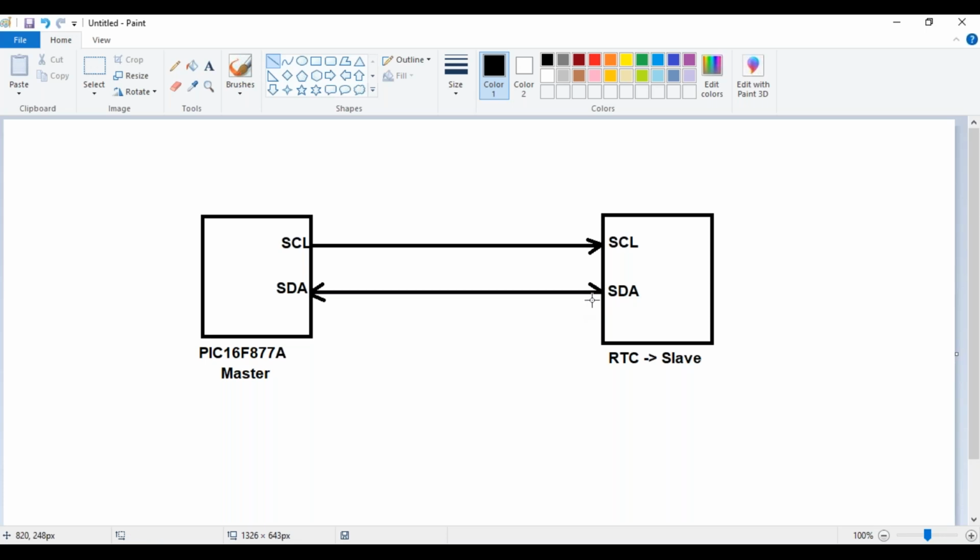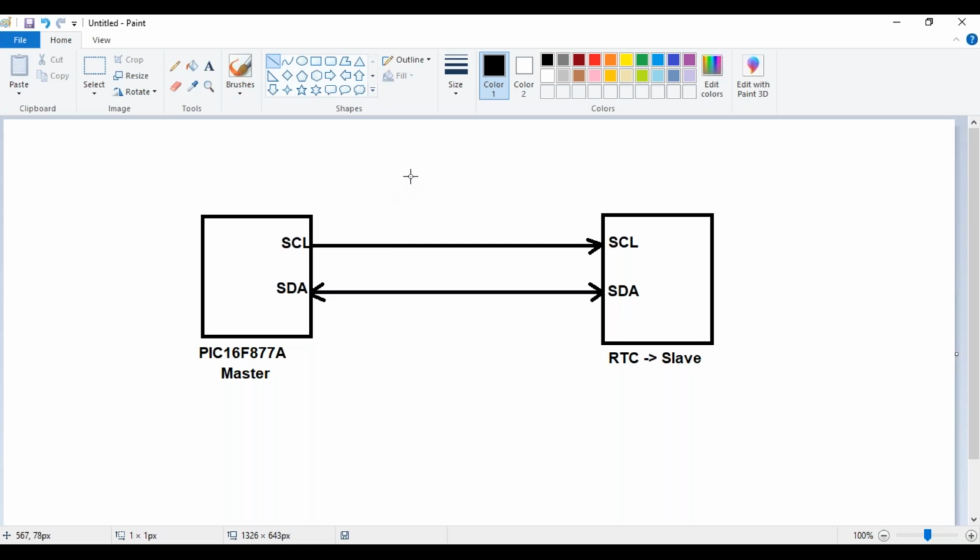Now, what do I need to provide to the SDA line? We saw it in the previous class. First of all, to make sure the SDA line is a 1 or a 0, if the connection is not established, what should I do?